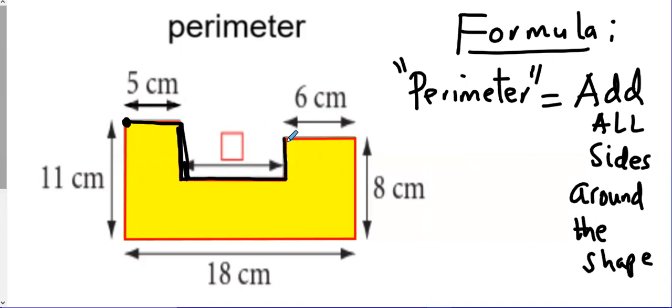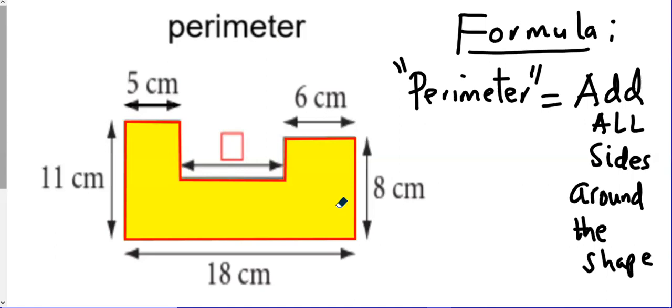You go around the shape. Don't just reach here and then go like this. That is not a perimeter, my friend, that is doing something else. So for the perimeter, we have to go around the shape.